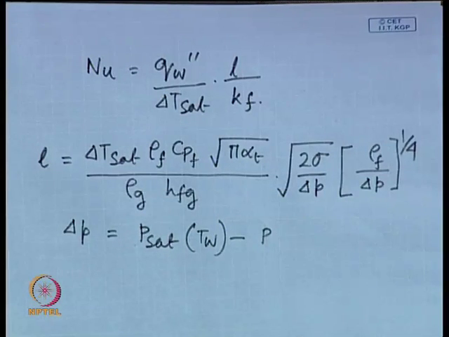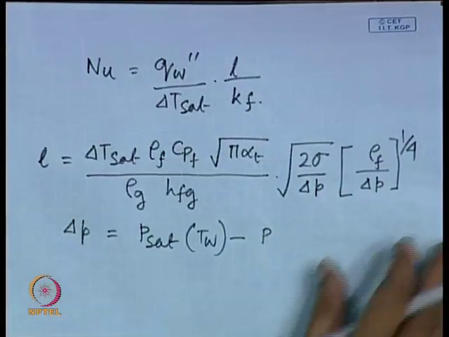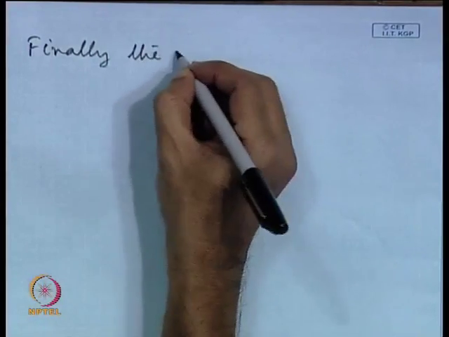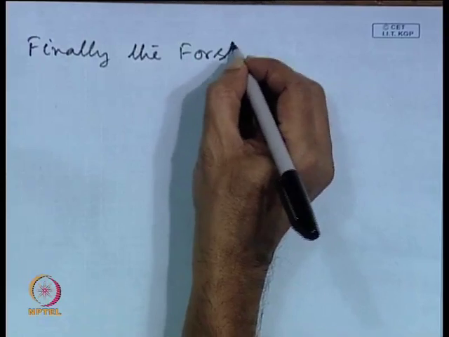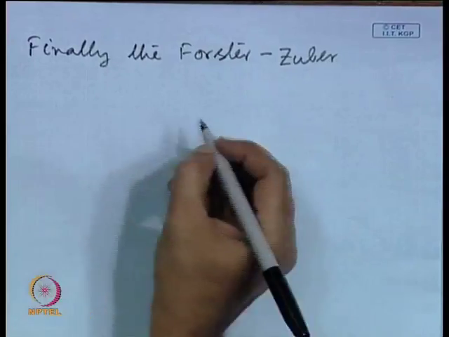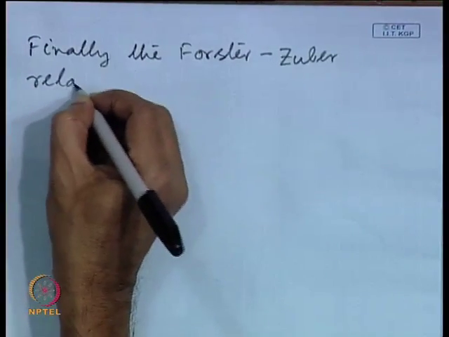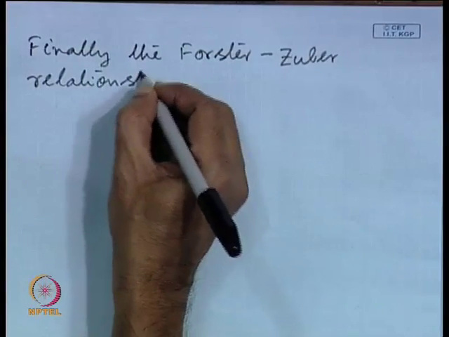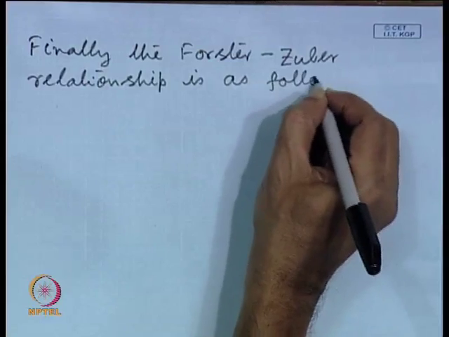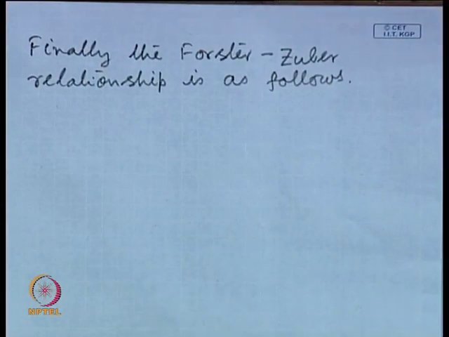Now, whatever I have done with this, if I now consolidate the formula, finally the Forster-Zuber relationship is as follows. What is this relationship?